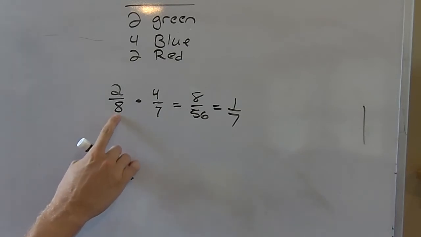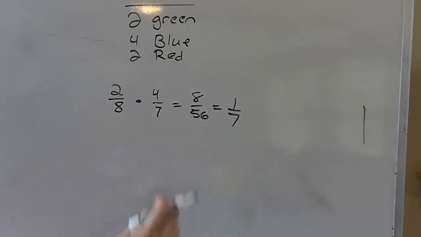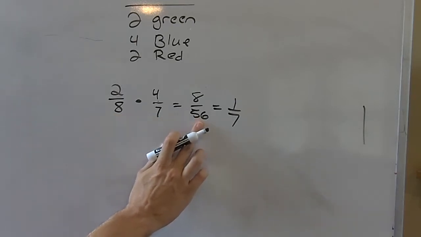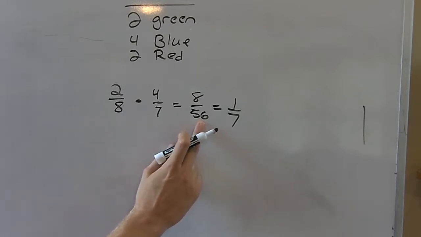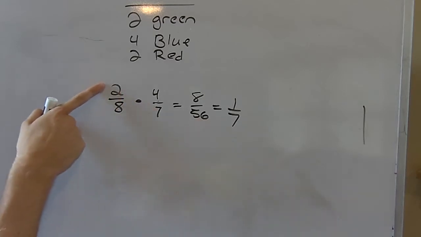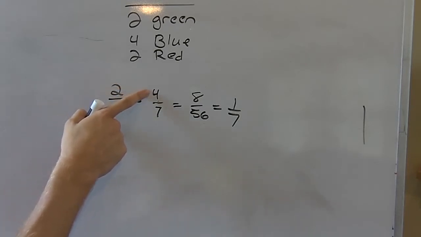I have 8 choices overall. So total, I have 8 choices on my first pull. On my second pull, I have 7. So there's a total of 56 choices or outcomes that could occur. I'm looking for favorable outcomes. I'm looking for a certain outcome. So I started off with 2 green marbles, and then I was looking for one of the 4 blue marbles.